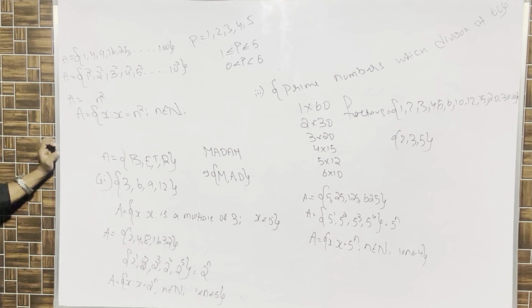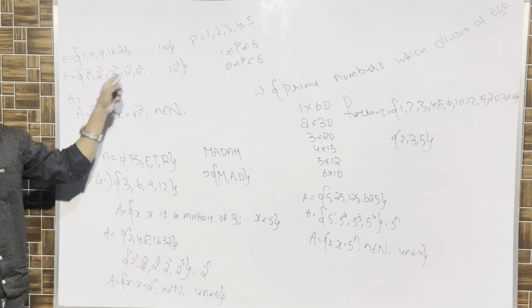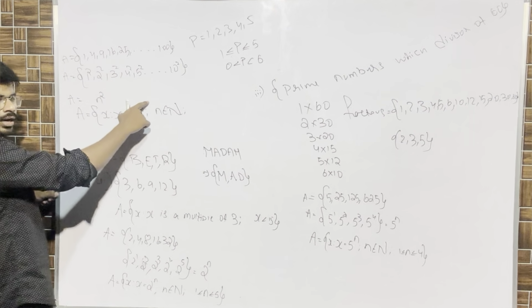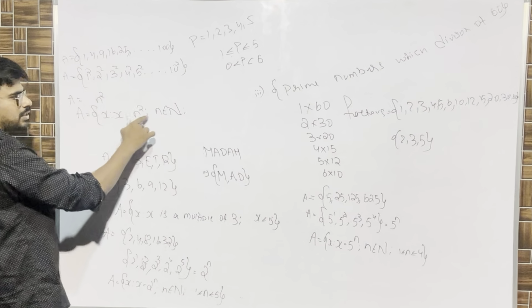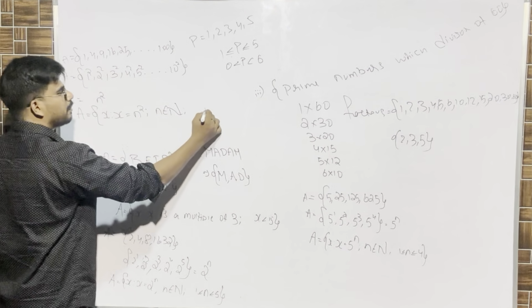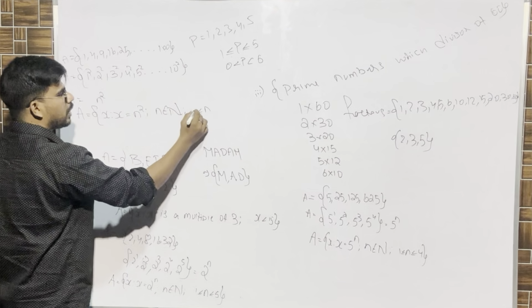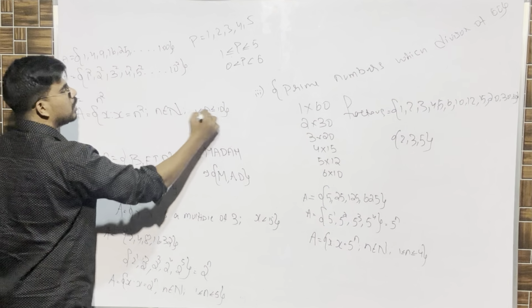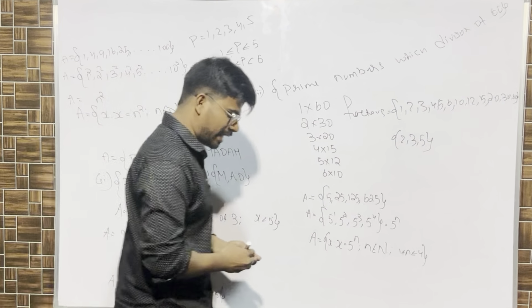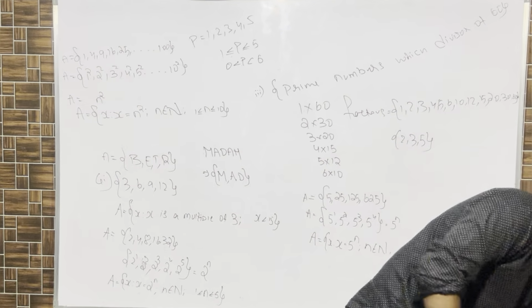In the base, n is there. n square, n is starting from 1 to 10. That's why n belongs to natural numbers. What is the limit of n? 1 is less than or equal to n, less than or equal to 10. That's from roster form to set builder form. Clear?